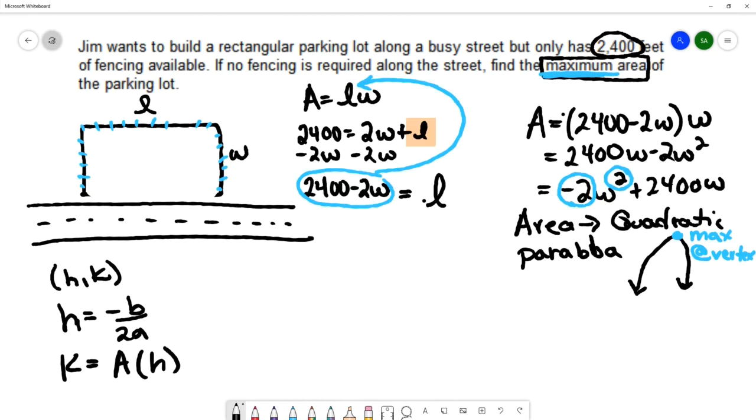Now in this example, a is negative 2, that's the coefficient on the squared term, and b is 2,400, that's the coefficient on the linear term.